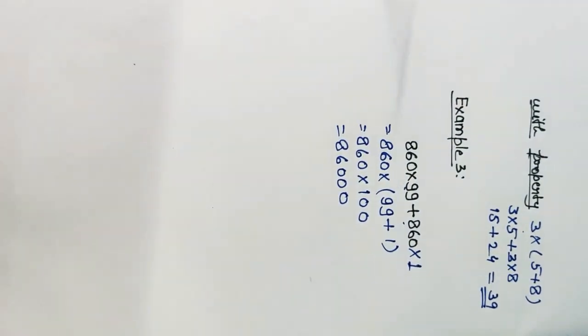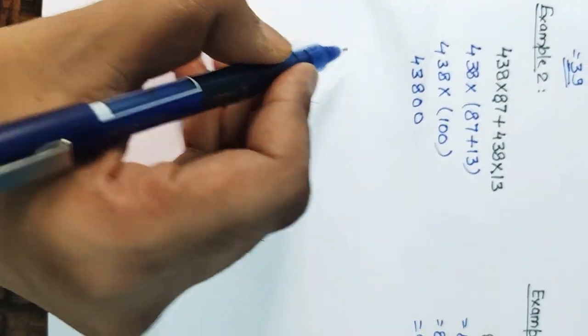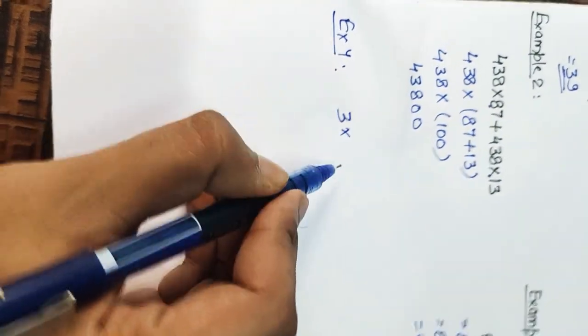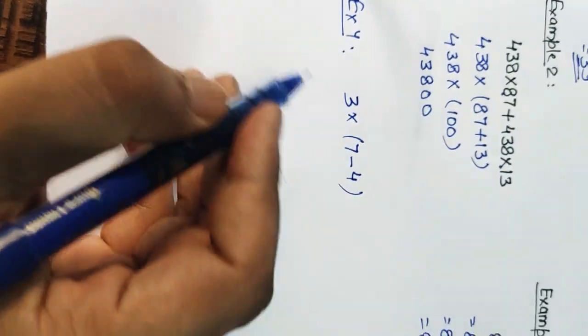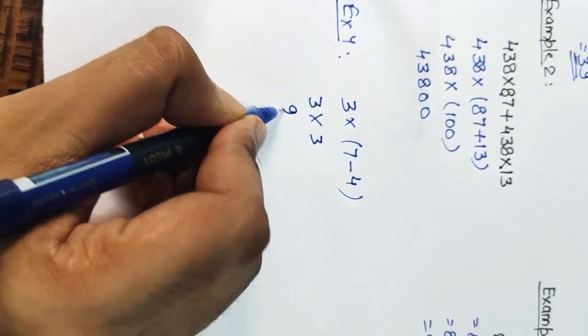Easy, right? Now this property can also be applied for subtraction. Suppose a question is written in such a way, a very simple question, 3 multiplied by 7 minus 4. As we can see, without the property the answer should come from 3 into 3, 9.